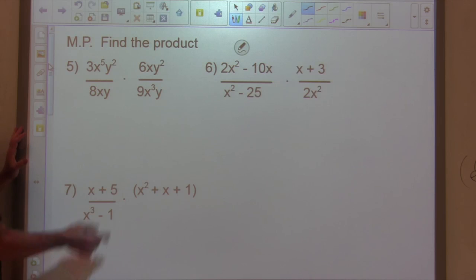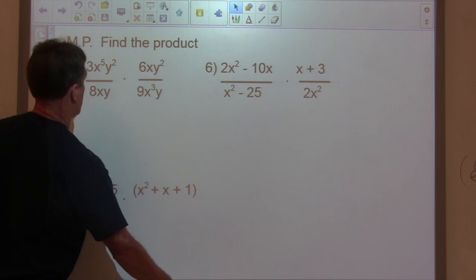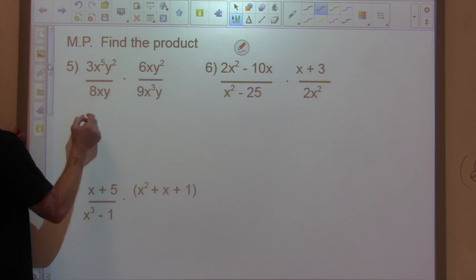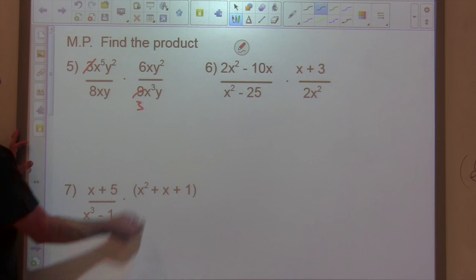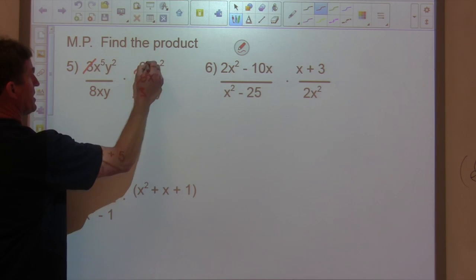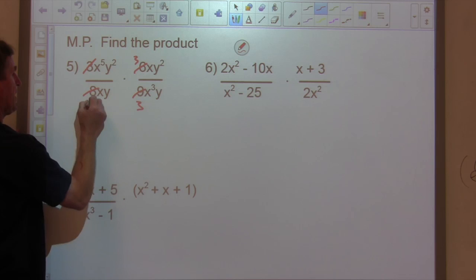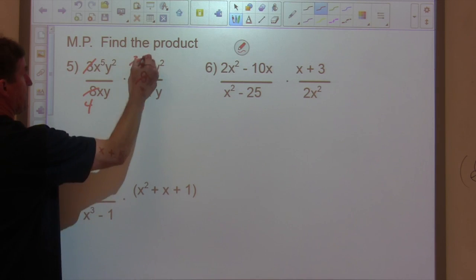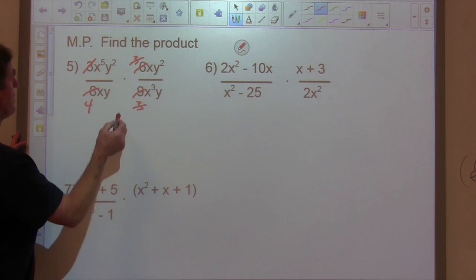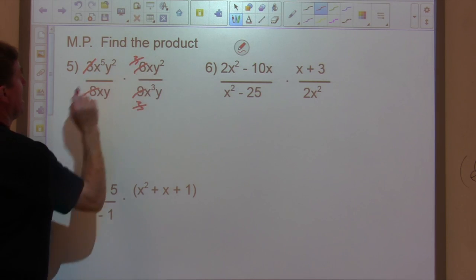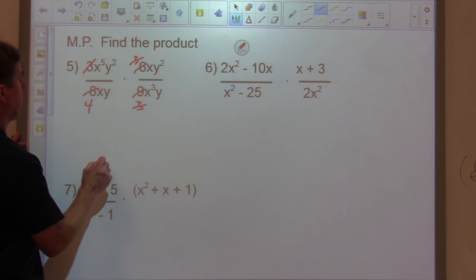On this first one, again, you could multiply this all together if you wanted, but what I'm going to do is simply reduce. I'm going to start with a 3, and 3 goes into 9 3 times. Then I've got a 6, 2 goes into 6 3 times, and 2 goes into 8 4 times. And then those 3s cancel. Now on top I have 6 x's, and on bottom I have 4.